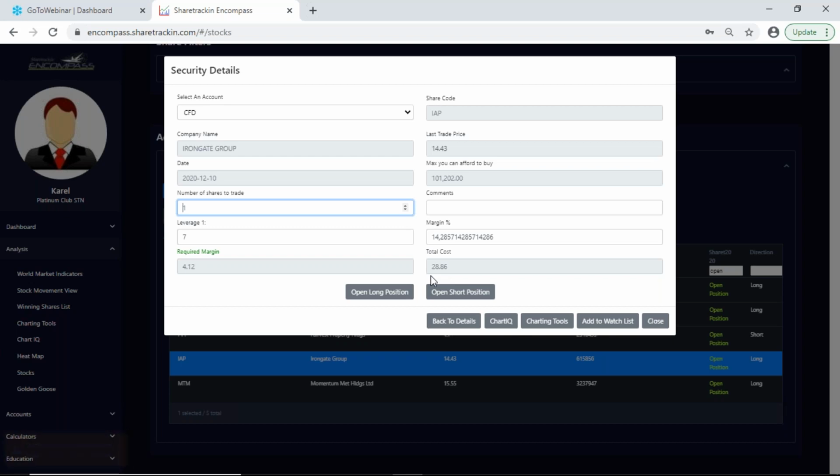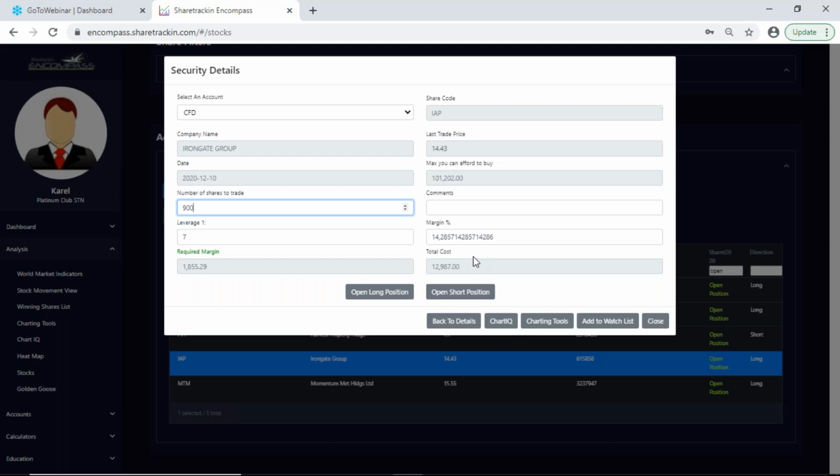So let's say I want to buy 1,500 shares. It's still quite a lot. It's about 3,000 Rand. Let's say 900. Then it's starting to look better at 1,800, which gives you a total cost of 12,000. So how it works is the total cost is what 900 shares of IAP costs at 14 Rand 43 cents.